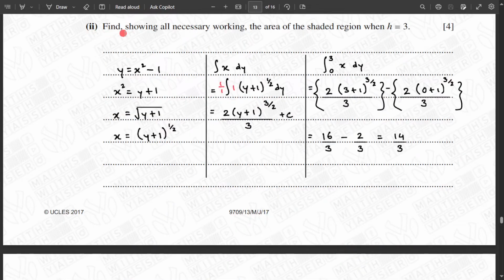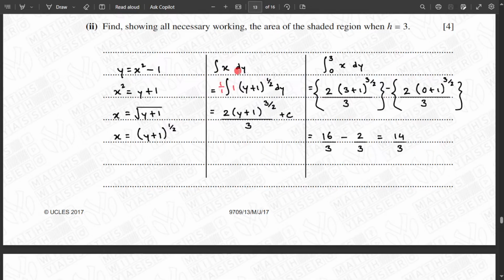In part 2, it says find, showing all the necessary working, the area of the shaded region when h equals 3. So y equals x squared minus 1. x squared equals y plus 1. That means x equals the square root of y plus 1. So x can also be written as (y plus 1) to the power half.